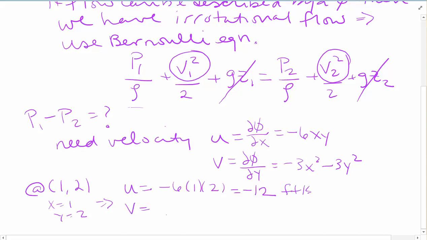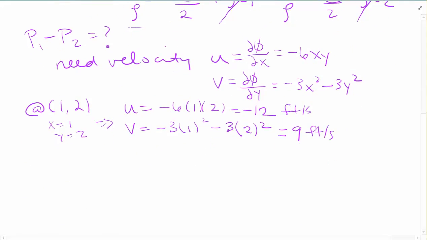V is going to be negative 3 times 1 squared minus 3 times 2 squared, which is negative 15 feet per second. Now we have our two components for the velocity at point 1.